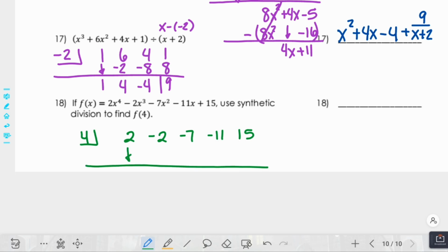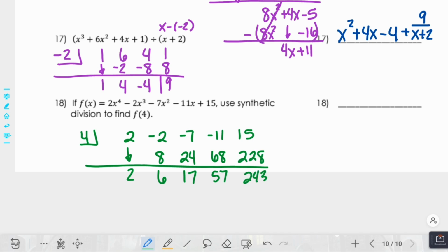So on this one, bring down your 2. 2 times 4 is 8. Add them and you get 6. Multiply, you get 24. Add them, you get 17. Multiply by 4 and you get 68. Go ahead and add those. You get 57. Multiply by 4, you get 228. And then add them, 243.